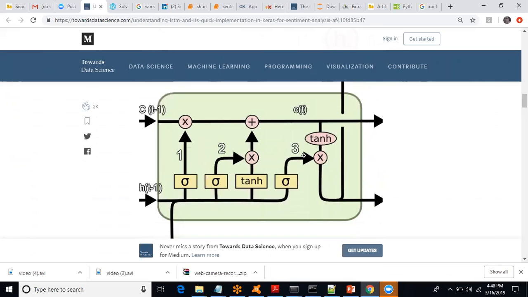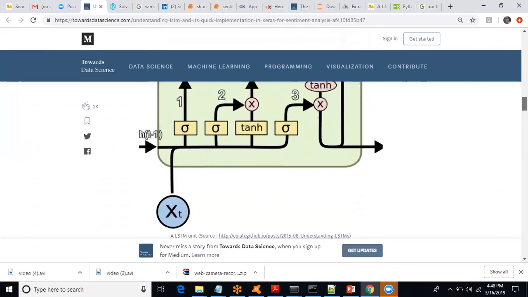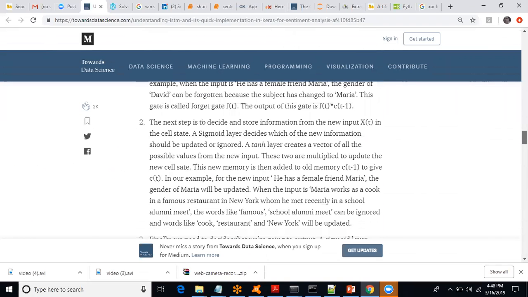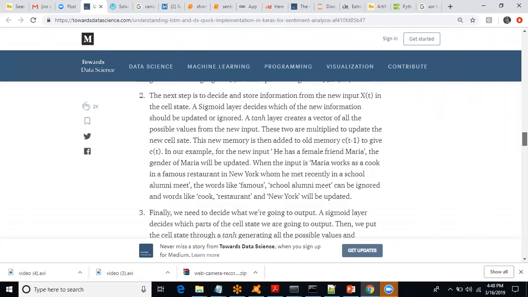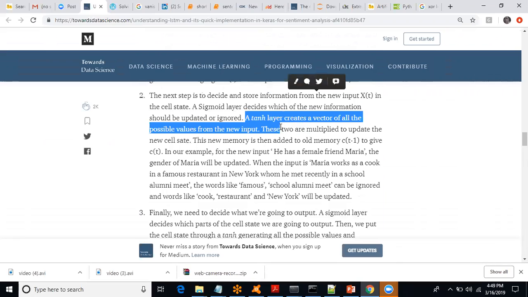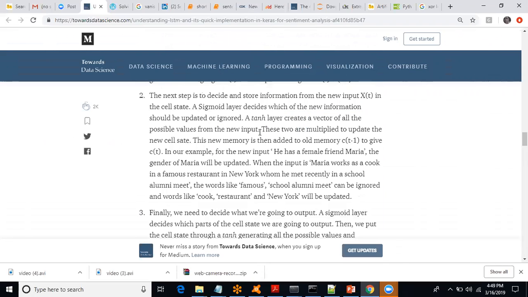The new output, wherever you are getting x, will be multiplied by the old memory to get the new C of t. The tanh creates a vector of all possible values from the new input, and whatever information is there is multiplied to update the new cell state.